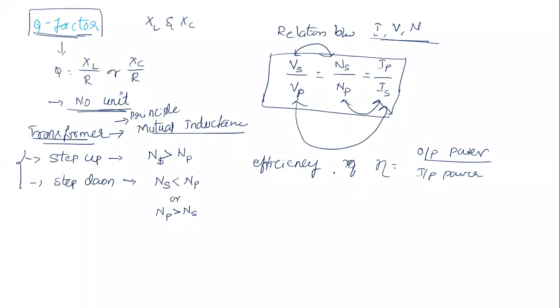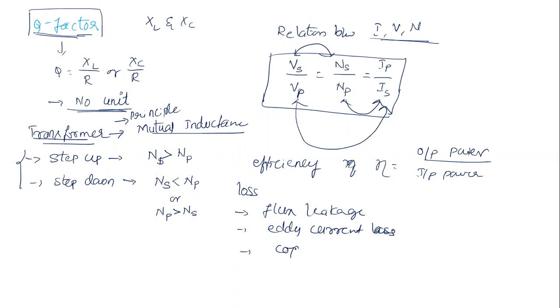There are losses in a transformer. What is actually the main reason for losses in a transformer? One is flux leakage loss. Next, eddy current loss.